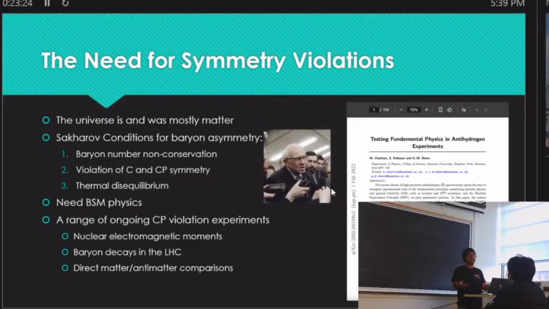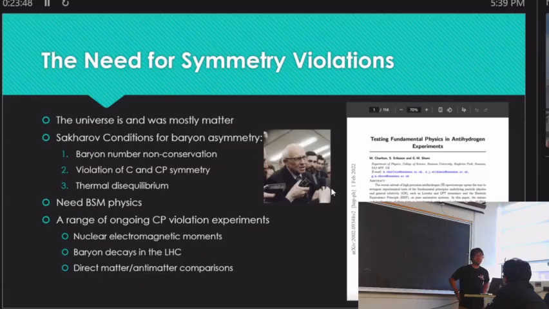Because if you look at your simple process, your pair production, gamma to e+ e-, it's exactly balanced. So in the 60s, Andrei Sakharov came up with conditions for baryon asymmetry. First of which is that baryon number conservation must be violated, of course, because a proton would be +1 and an antiproton would be -1. You need that to be violated to have an imbalance.